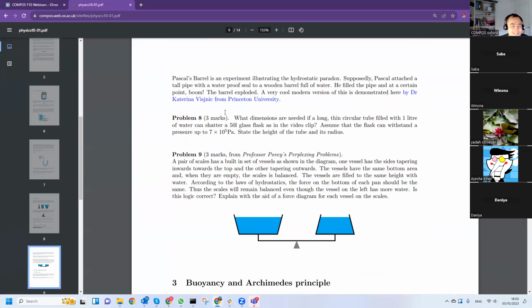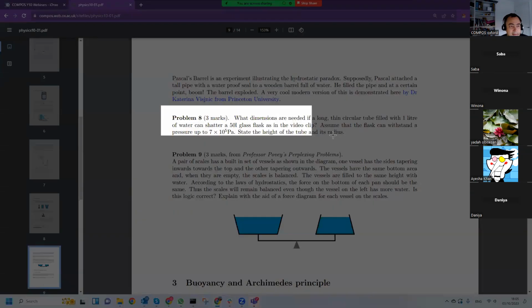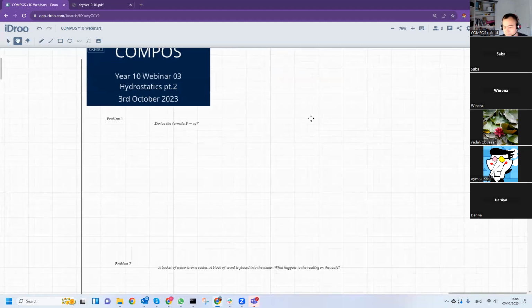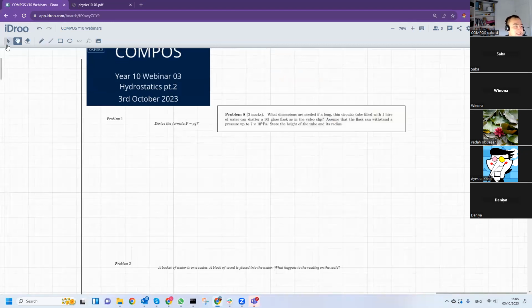Oh, yes, I think you asked me last week as well. How dimensions are needed for a long thin circular tube with 1 liter of water? Actually, yeah, let's start with that one.